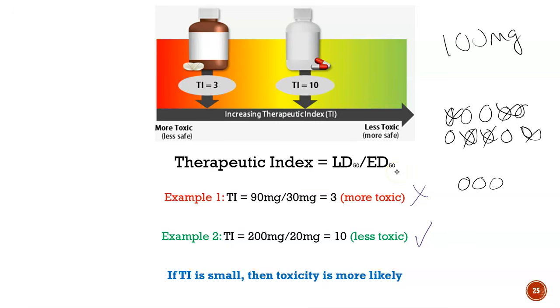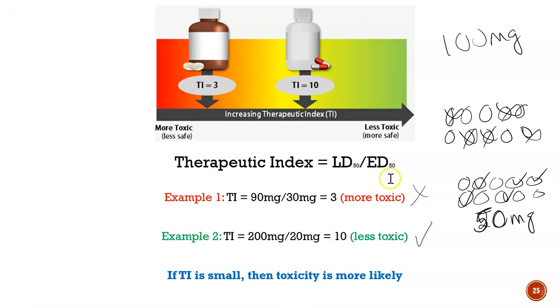So again, you find another 10 rats, and you notice that the drug worked on 50% of them, and let's say you gave them 50 milligrams, and that worked on half of them. That is your effective dose.